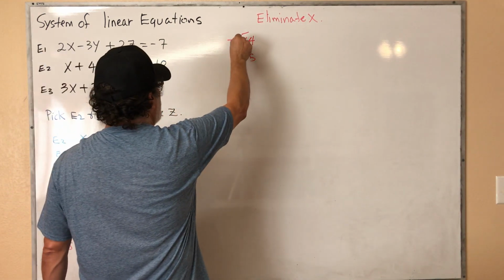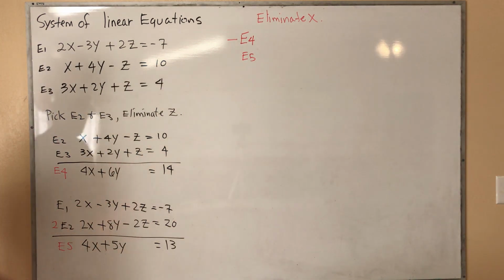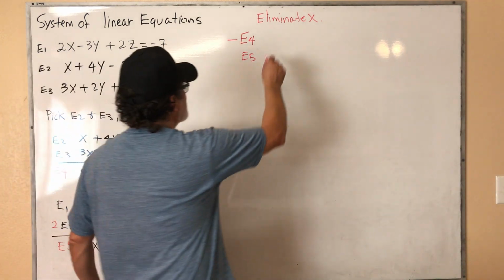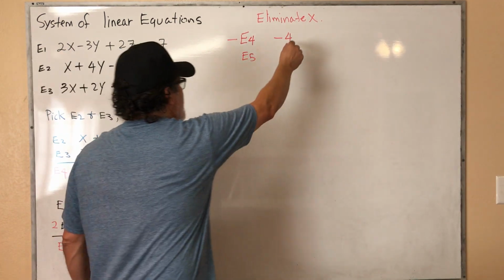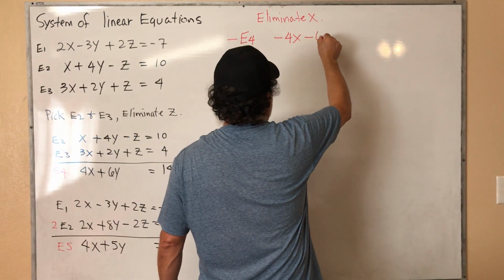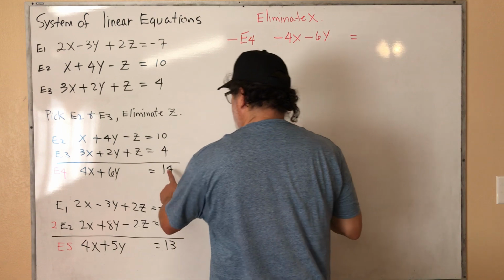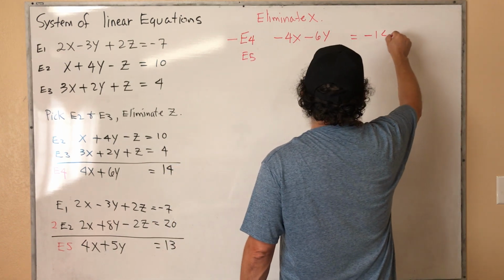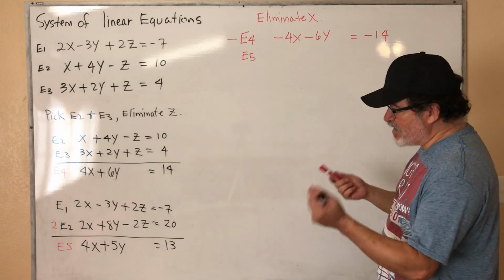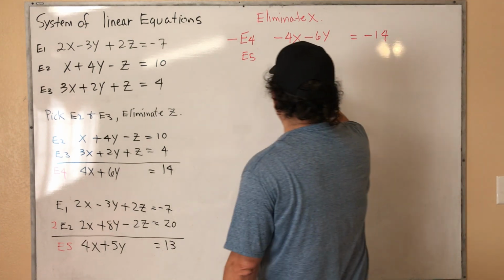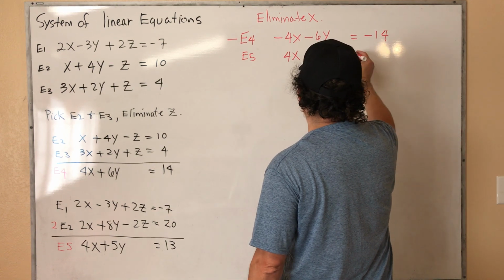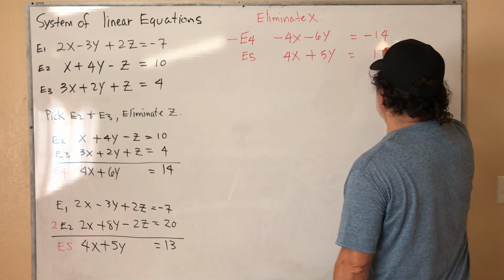So multiply this by negative, and you get negative 4x. Multiply this by negative, and you get negative 6y. Multiply this by negative, and you get negative 14. Equation 5 stays the same. So this is 4x plus 5y equals 13.